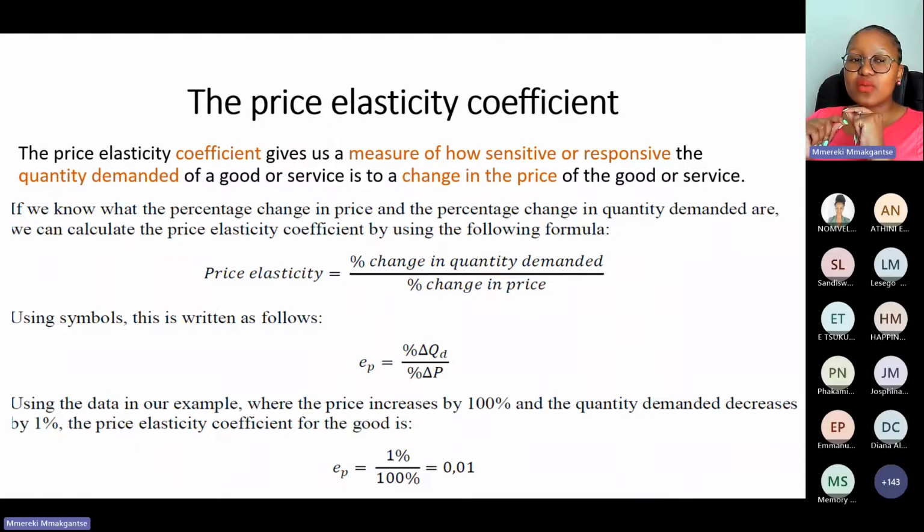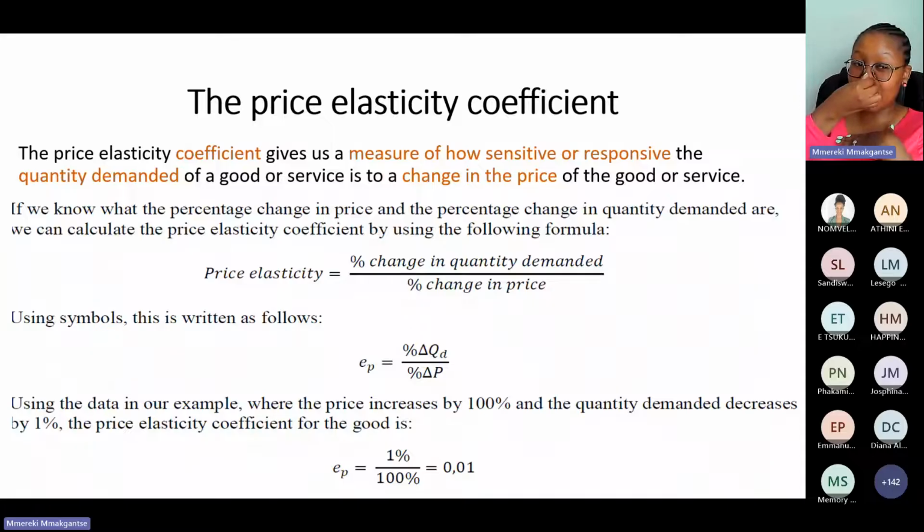Sometimes one of you says that you're struggling with the formula. If you're struggling with the formula, you don't know what is being asked. Make it easy for you. Make it relatable. Maybe you can say, percentage change in quantity demanded, percentage change in price. Make it something that you will always remember, and always try to understand what is being asked.